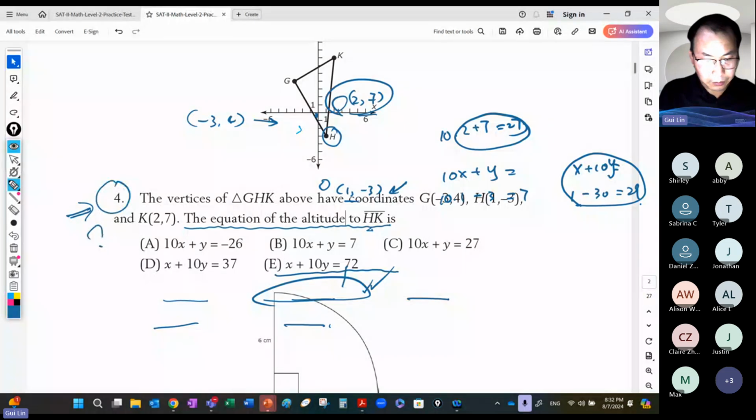Leave this question to me, I will come back and talk about it next time. I'm a little bit confused here. We know the slope is -10 because of HK, we can get the slope out of here, and the slope is 10, which is correct. And the other one is why it needs to pass the point. I didn't find a good explanation.